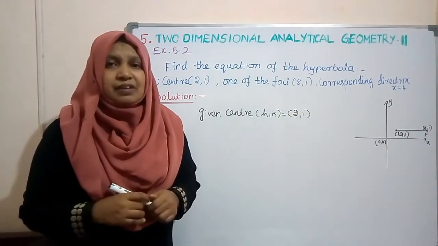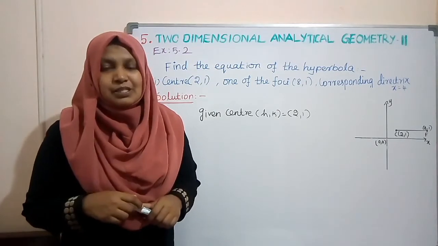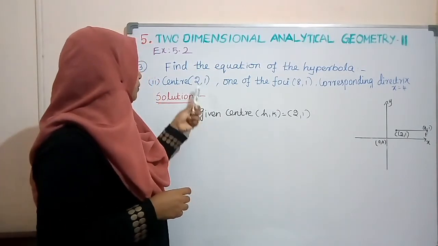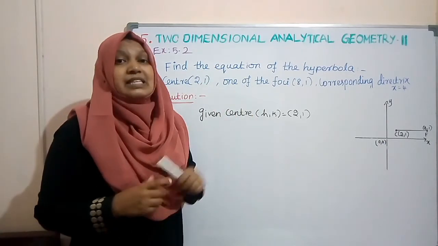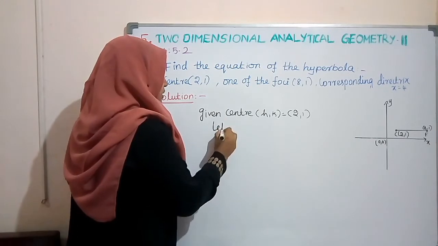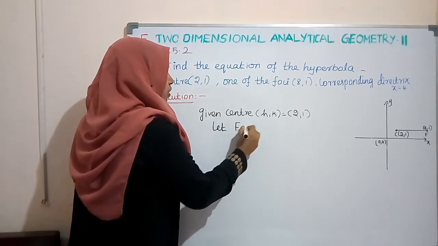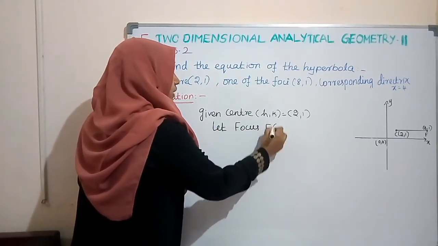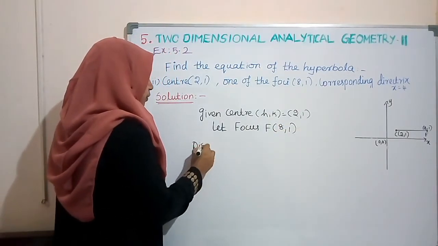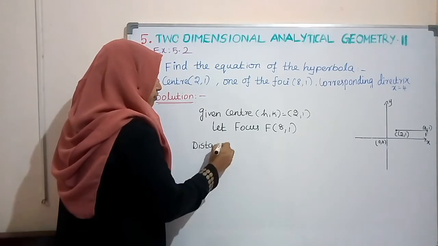Just we can find only a square and b square to get the equation. For that, to find the a square value, just find the distance between center and focus. Already they are given the focus point. Let it be F of (8, 1). Okay. Now find the distance between them.